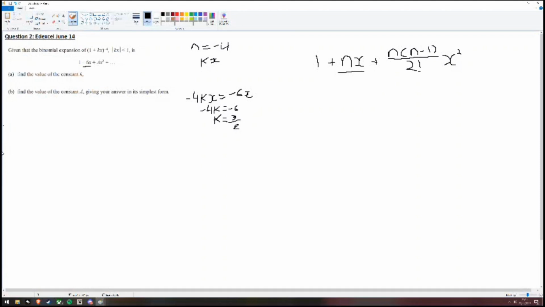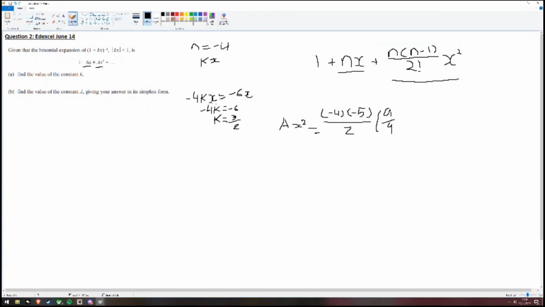Now for the second part, we are told to find the value of the constant a, giving your answer in its simplest form. So a is just the ax squared bit, so we just focus on this bit. So ax squared is equal to minus 4, minus 5, all over 2, times by 9 over 4.